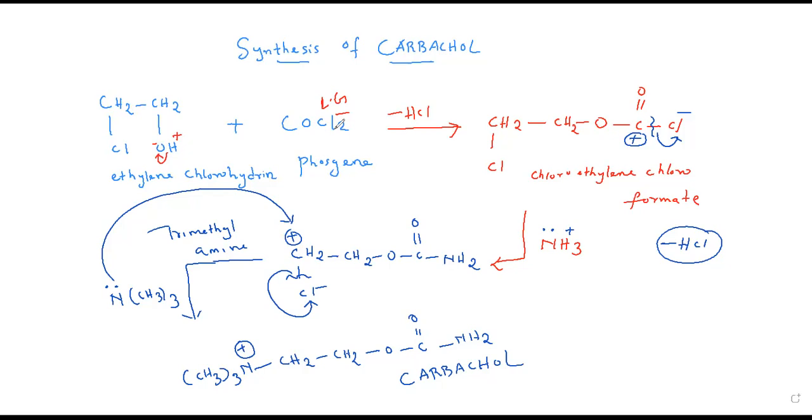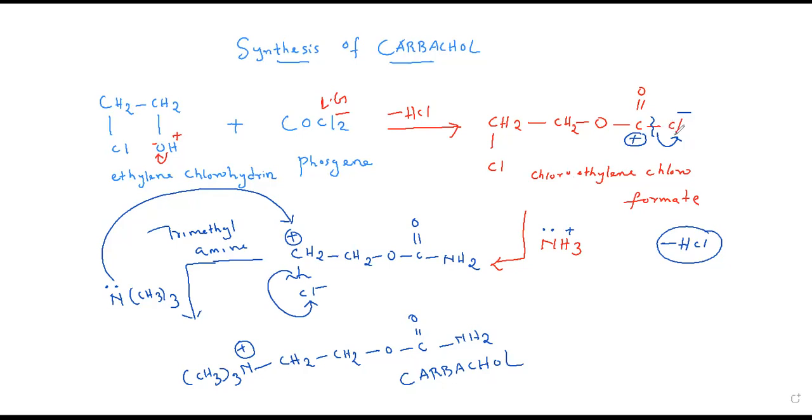If you remove one chlorine, there will be another chlorine atom here. So one chlorine has been liberated in the form of HCl, and the other chlorine atom is present here. In the next step, this intermediate compound, you are going to react with ammonia. What you are doing here is breaking the bond between carbon and chlorine.